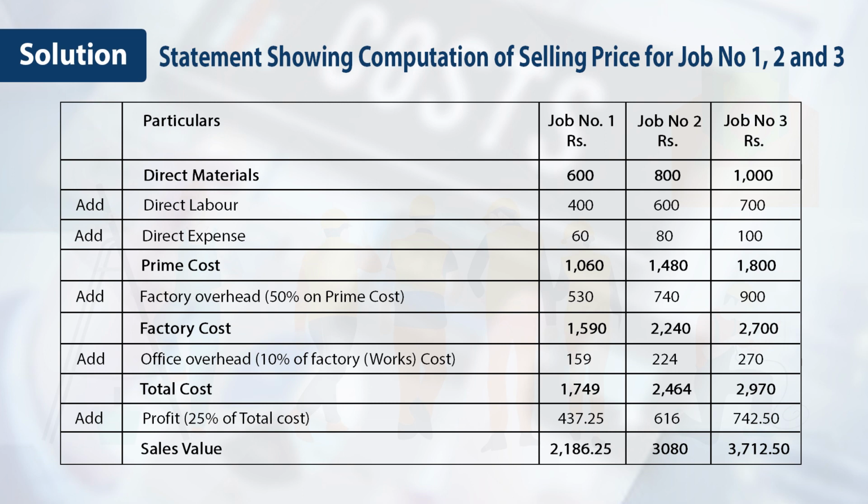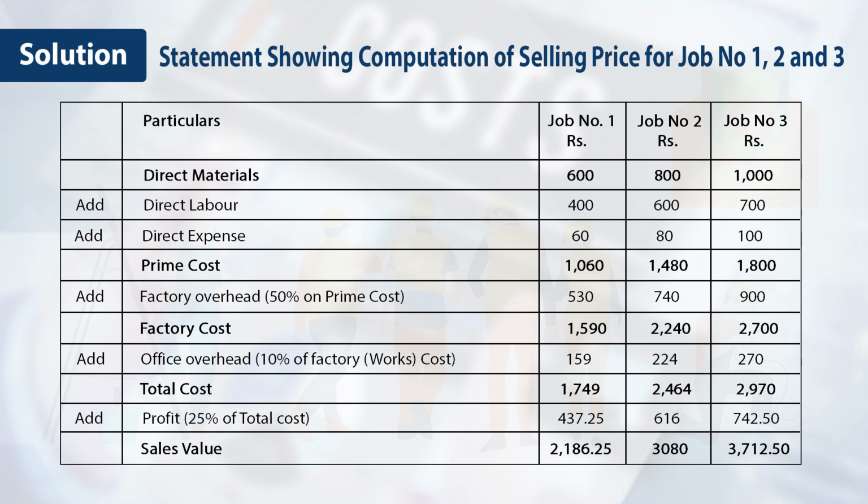In factory cost add office overhead which is 10% of factory cost. Amount comes to 159 for job number 1, 224 for job number 2 and 270 for job number 3, making total cost of rupees 1749 for job number 1, 2464 for job number 2 and 2970 for job number 3.